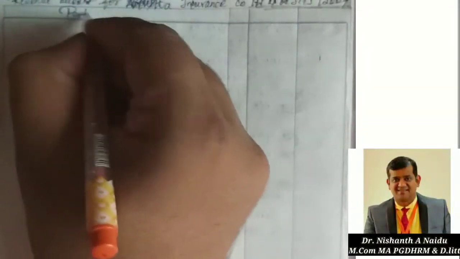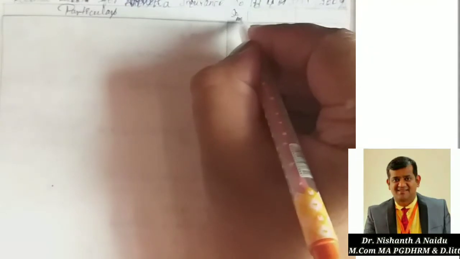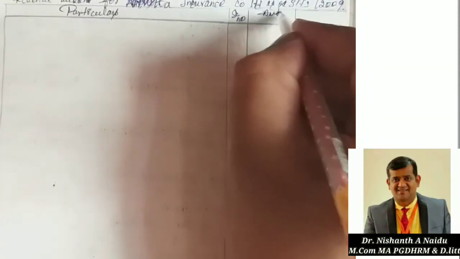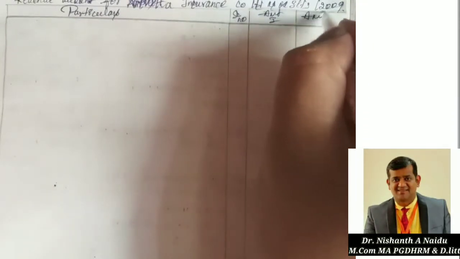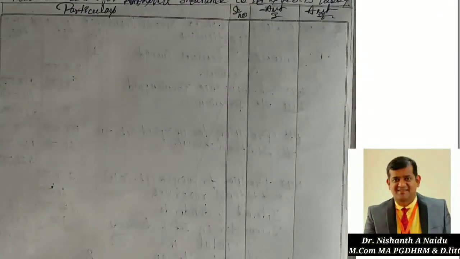So particulars, schedule number, amount in rupees. Okay, so we are ready with the table for the solution.